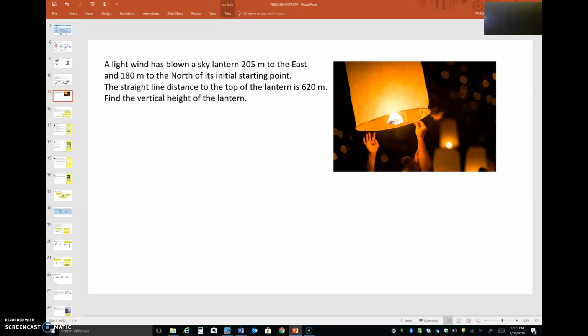Now, we have a sky lantern, which is up above ground, floating in the air, but it's floating to the east and then to the north. So we have a situation where we've got three dimensions: east, north, and also up in the air.